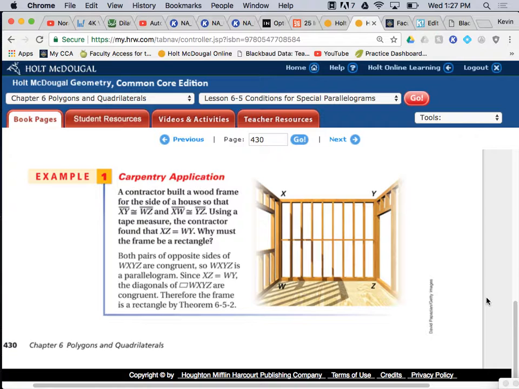A contractor built a wood frame for the side of a house so that XY is congruent to WZ.